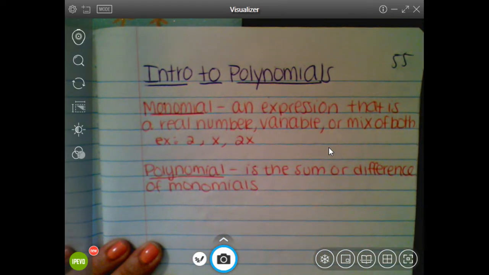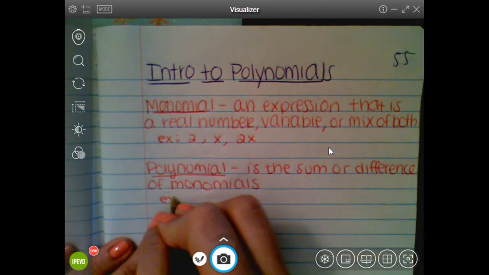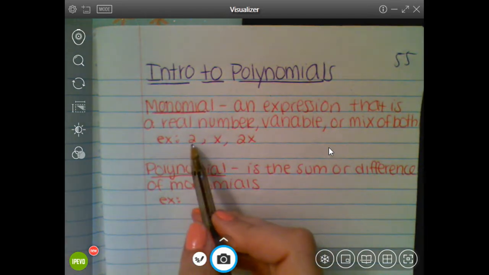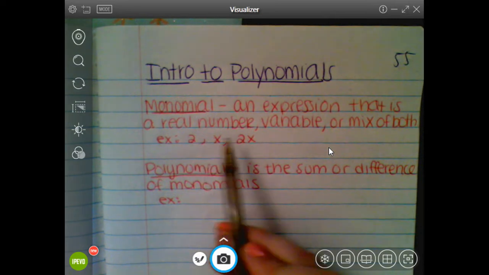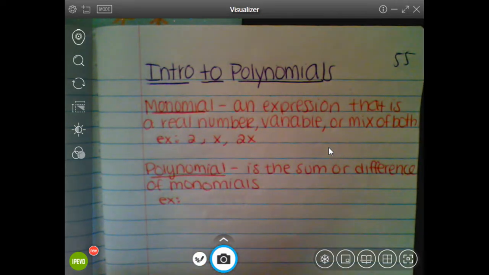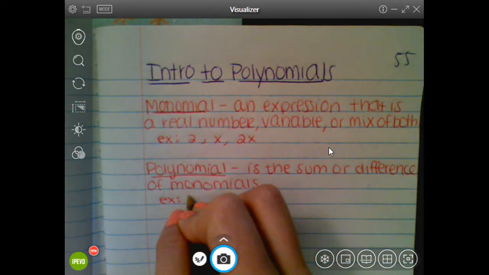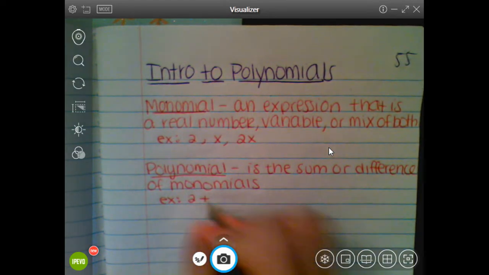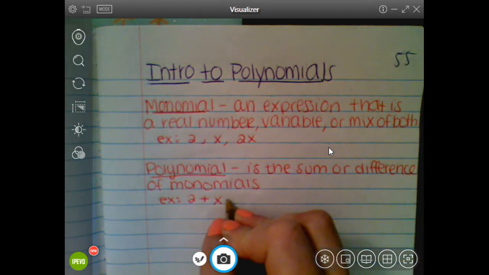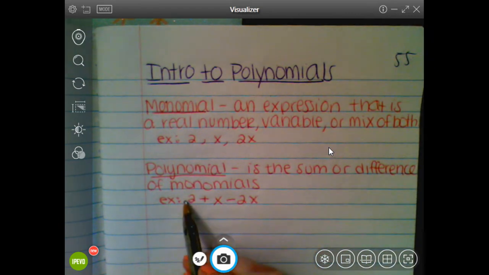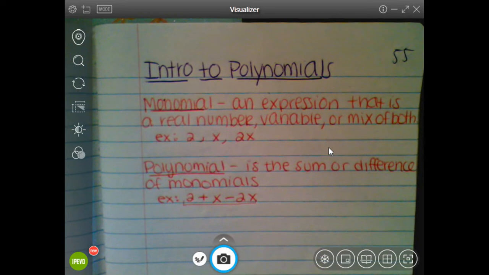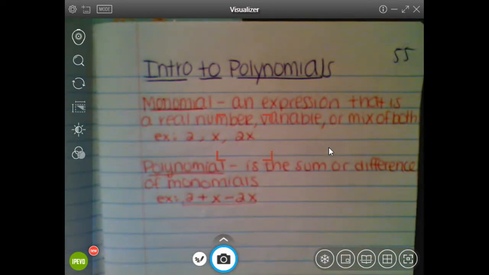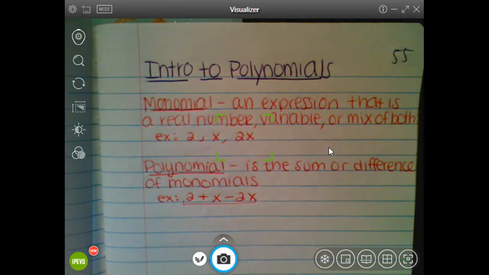So if I use the same example from above, instead of having 2, x, and 2x all separate, this is a monomial, this is a monomial, this is a monomial. If I wanted to make one big polynomial, I would say 2 and then maybe plus x and then maybe minus 2x. So this whole expression is the polynomial.